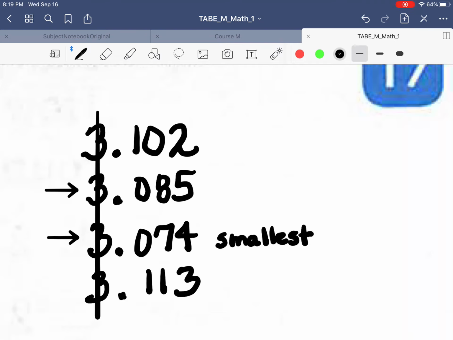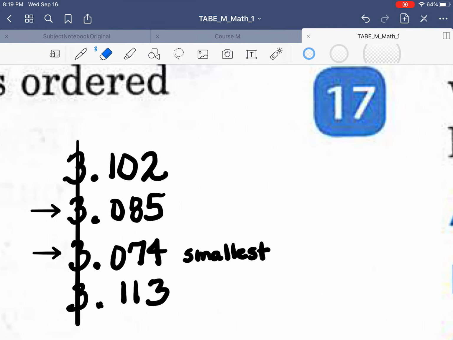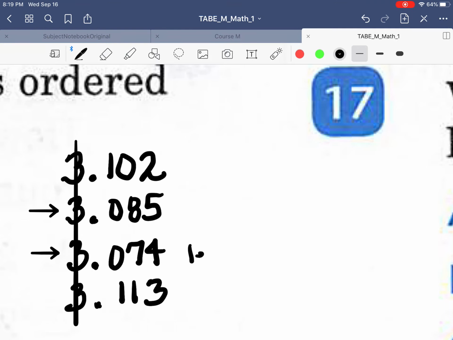That's the smallest one. This next one is, which way are we going here? Least to greatest. So let me change this word to least. So this is the smallest, the least one. This one would be next.